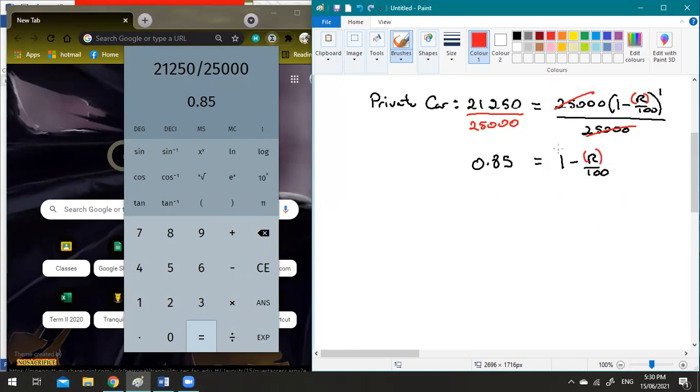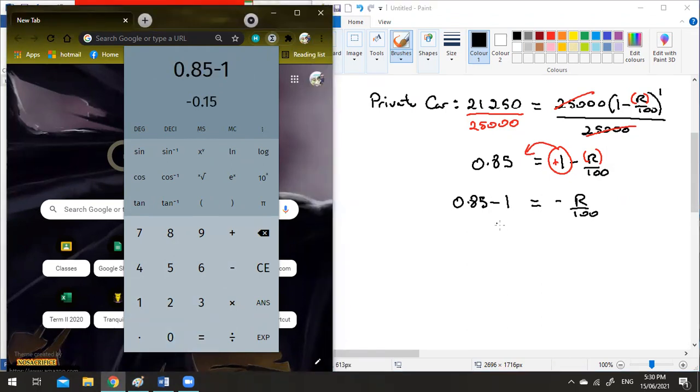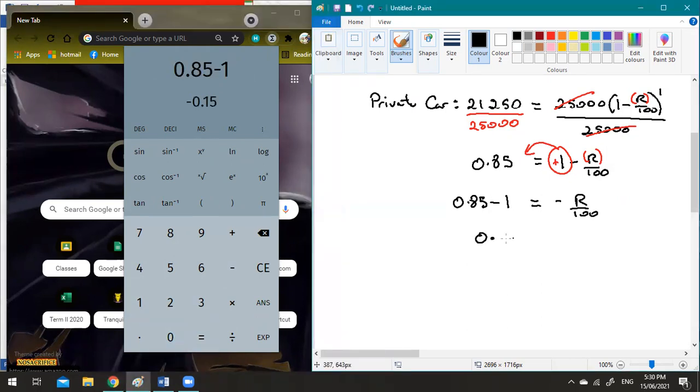Now again, we want to solve for R. In order to solve for R, we need to move the 1. We carry it across the equal sign and it becomes negative. So 0.85 subtract 1 is equal to negative R over 100. Right? So we're going to subtract 1 and you'll get negative 0.15 is equal to negative R over 100. So what I want to do now is multiply by the 100, but I'll multiply by negative 100 to get rid of the sign.